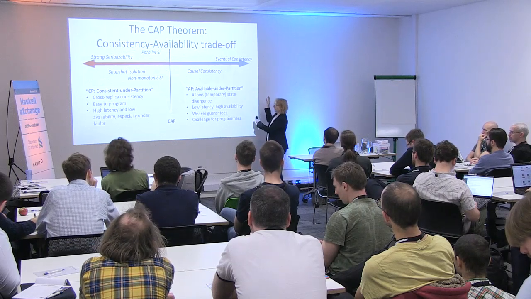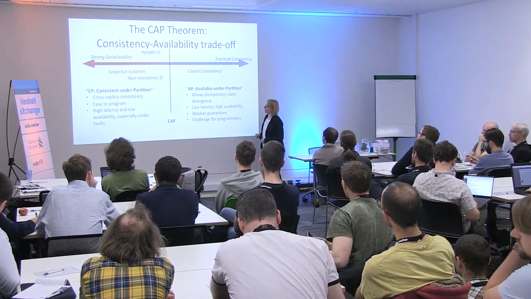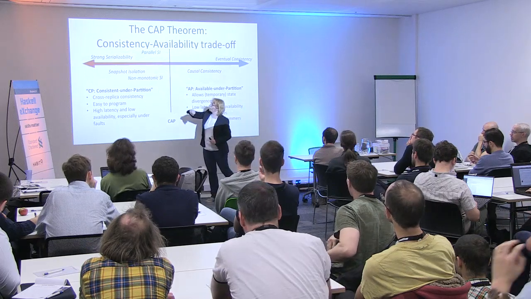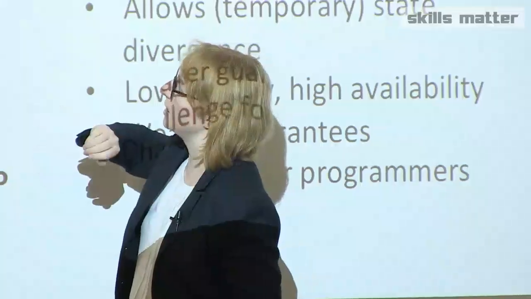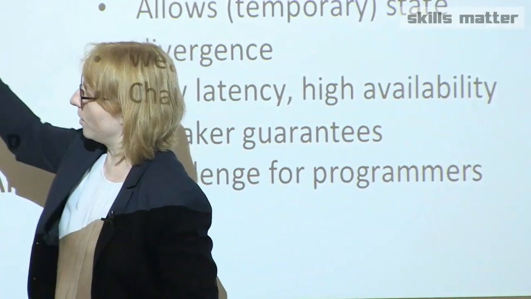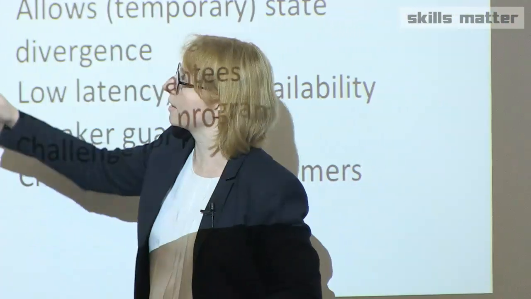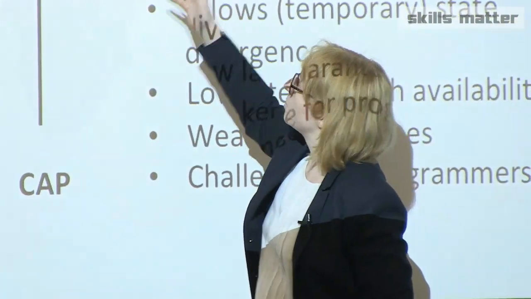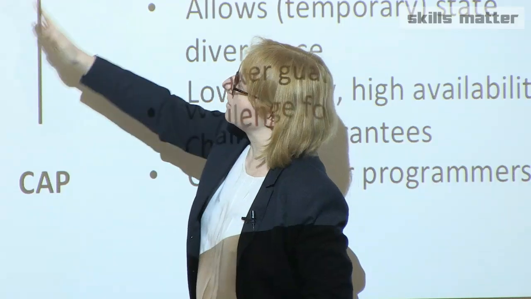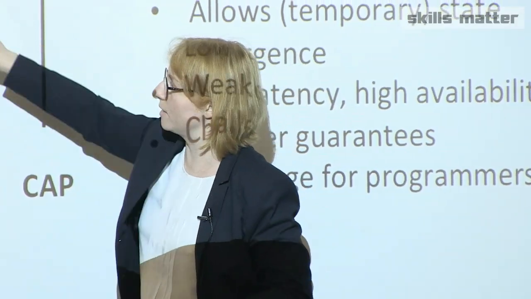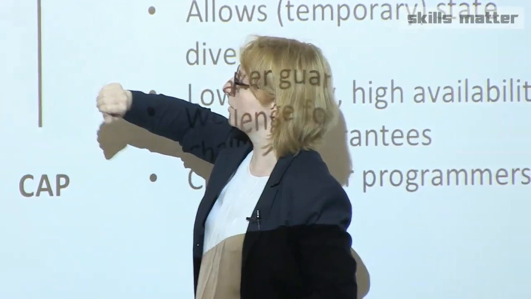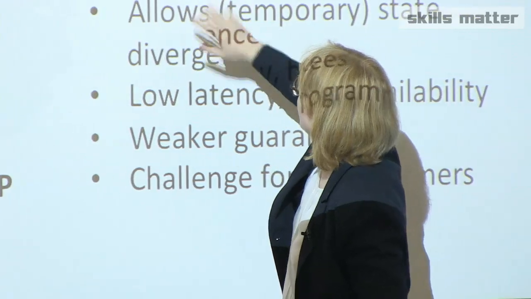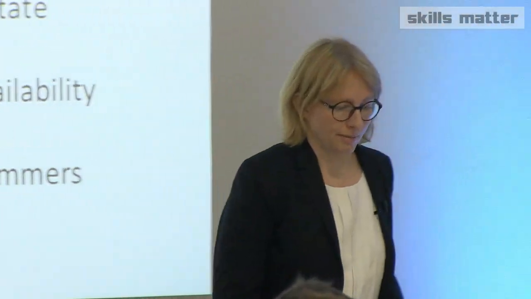This is at the very end here of the available under partition part, whereas notions like strong serializability would fall under the consistent under partition part, but there's a spectrum here. The only problem is that there is one line that divides between "I can be consistent to a certain degree under partition" and "I will be available under partition". And we're going to see where this line is actually lying.